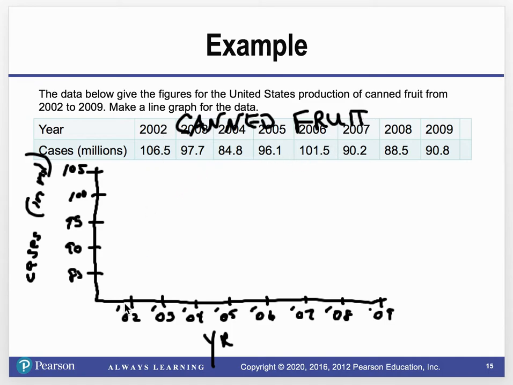In 2002, 106.5, so I need a dot here. 97.7, 84.4, 96.1, 101.5, 90.2, 88.5, and 90.8, and then you just connect the dots with a straight line, hopefully.